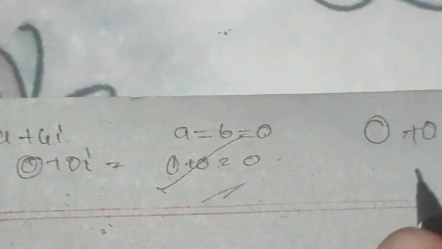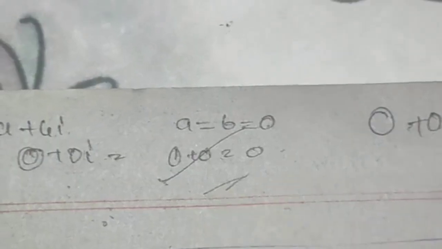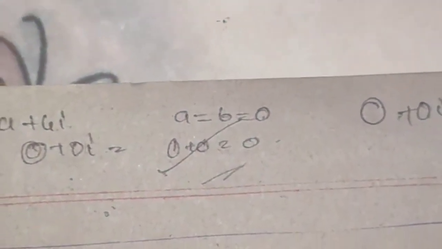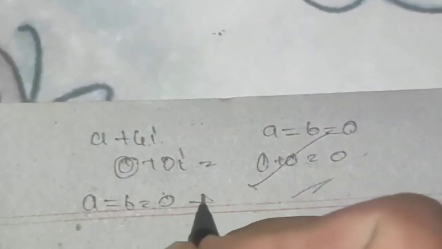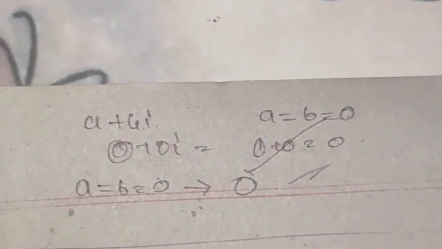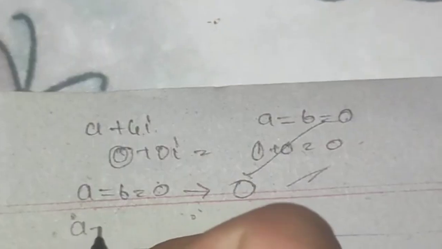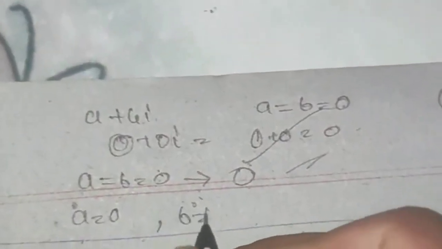Let's talk further. If a equals b equals 0, then the complex number is 0. Another thing: what if a equals 0 but b is not equal to 0?